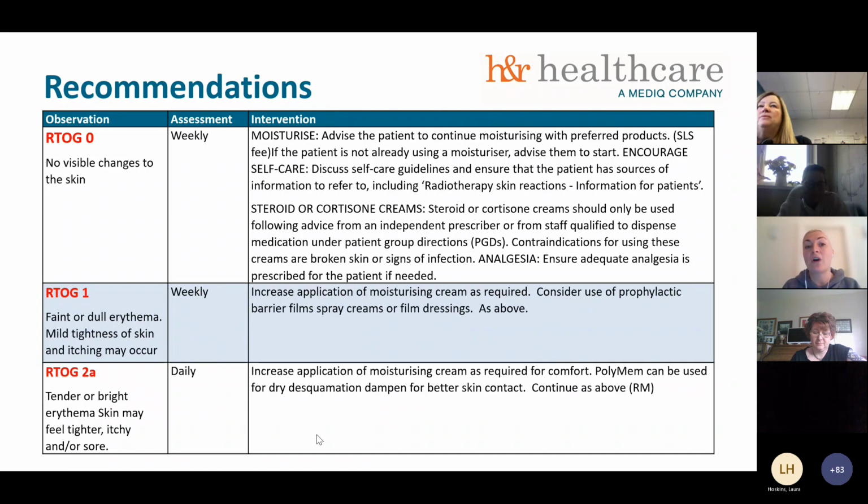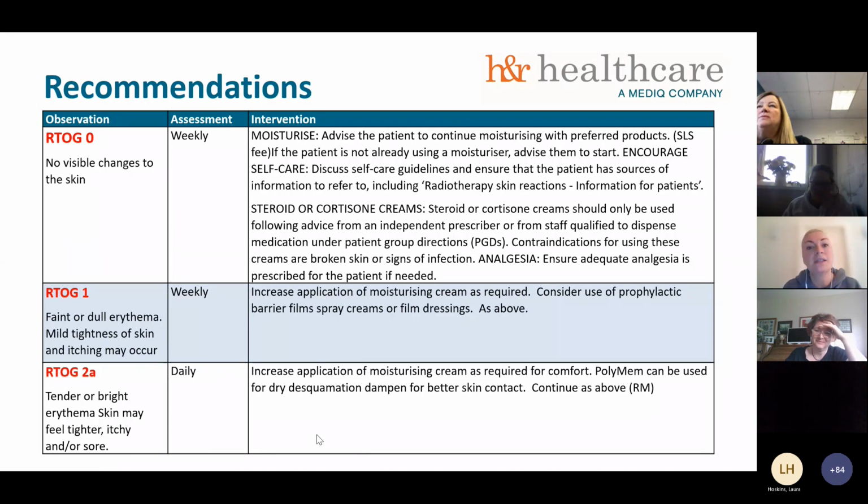And then you can see there we've got intervention recommendations. The intervention recommendations are taken again from the Society of Radiographers guidelines, but also from the Royal Marsden online handbook, which are both 2020. In terms of intervention, prior to treatment and at RTOG 0, patients are advised to continue using moisturising products, so preferred products.